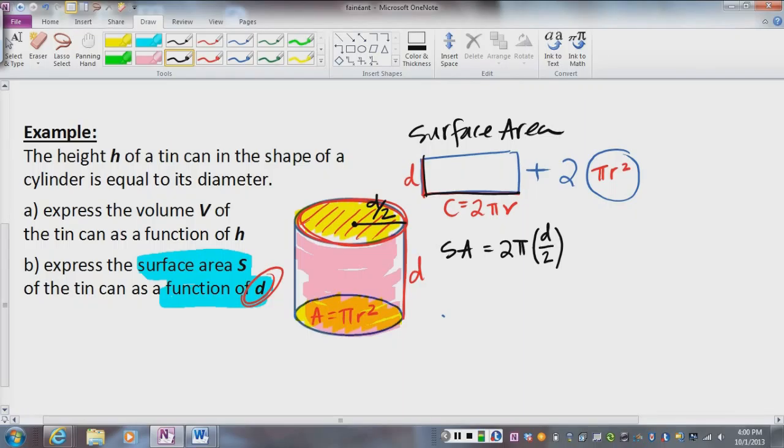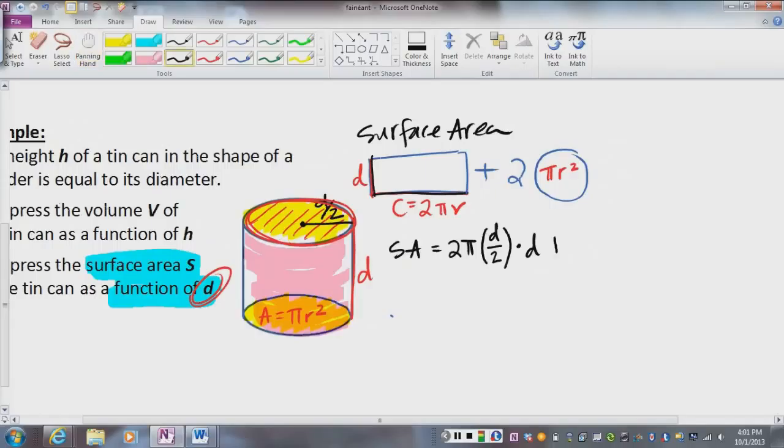So this is my base times my height, which is also D because the height and the diameter are equivalent, plus, now we're going to do the 2 circles. That's going to be 2 times pi times the radius, which is D over 2, squared.